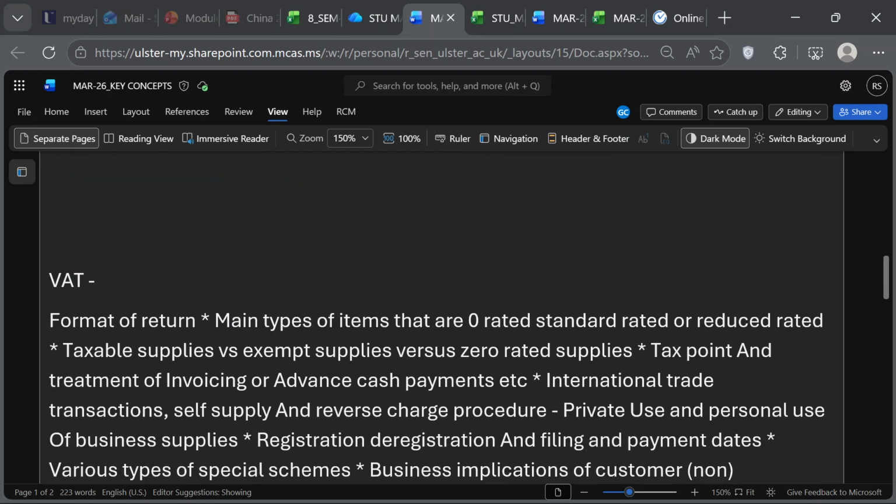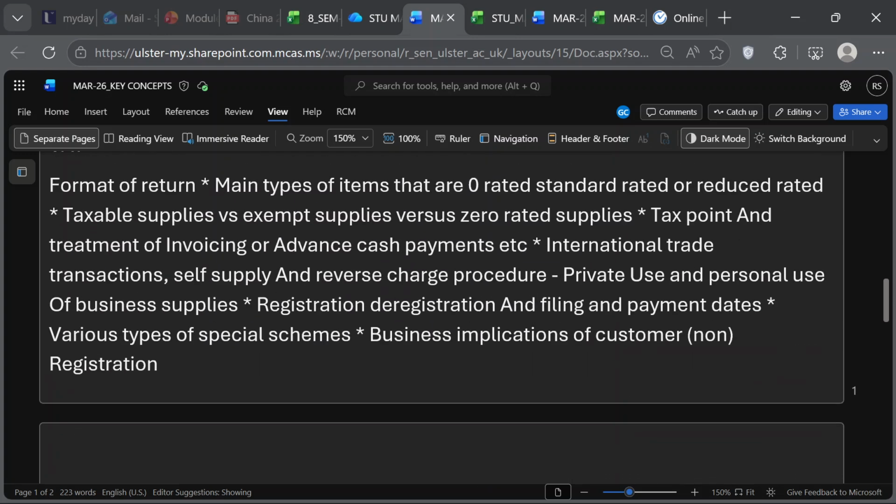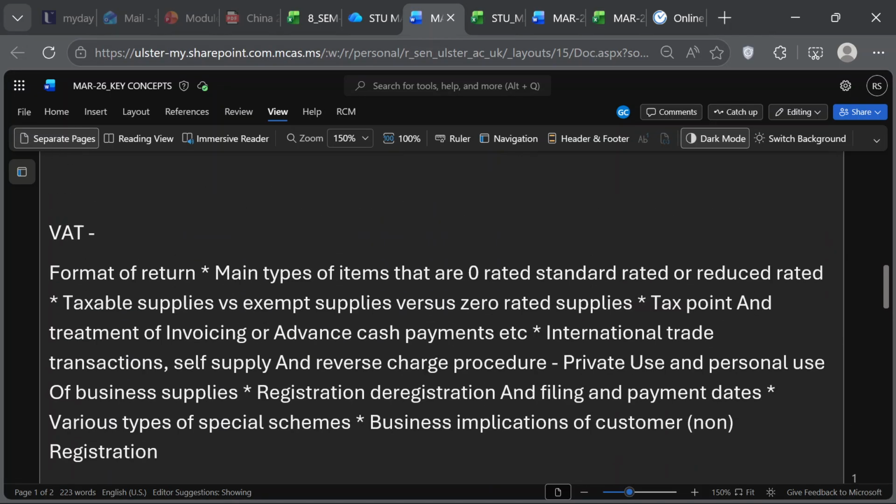It is complete for VAT. I have completed the topics for VAT, right? So you have so many topics in it, and you can use this as a guidepost for studying. This is like your checklist of topics, right? When you go to the supermarket, you have a checklist like, have I bought the oil, have I bought the butter, and all that.